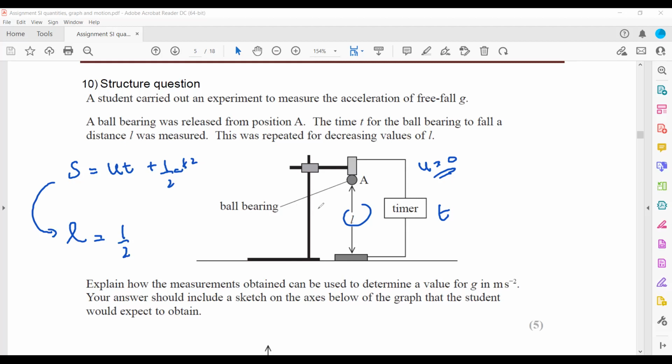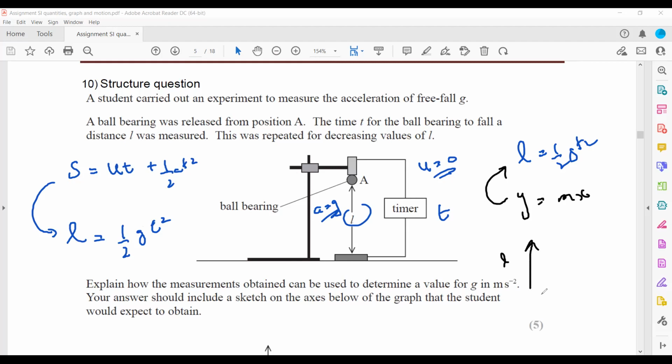And for a falling object, if we consider a short distance or without air resistance, the acceleration will be due to gravity, so it will be g and t squared. So basically the equation is L equals half g t squared. So we will plot a graph and compare with the equation of a straight line, y equals mx. On the y-axis we plot the length, on the x-axis t squared.